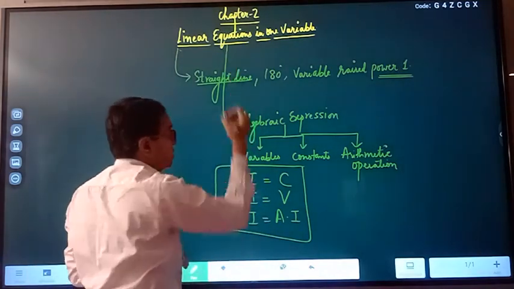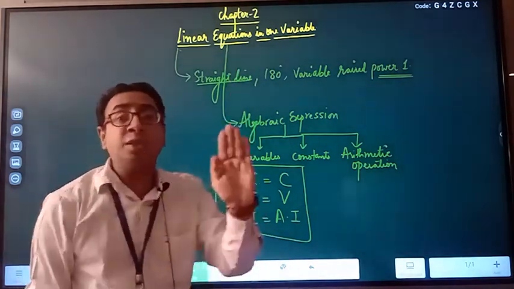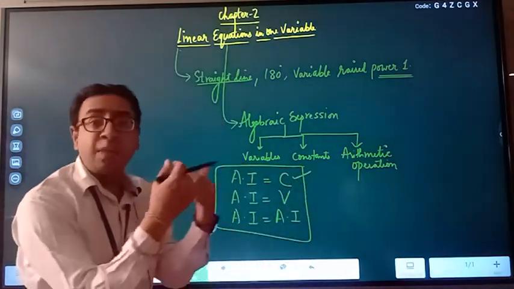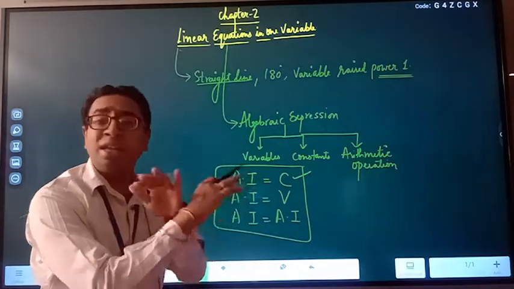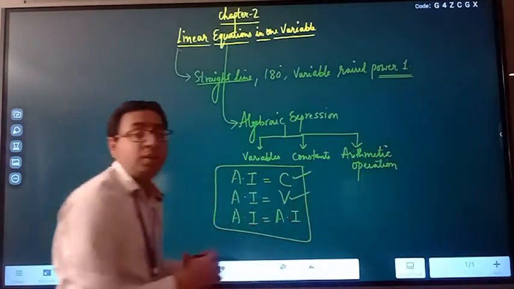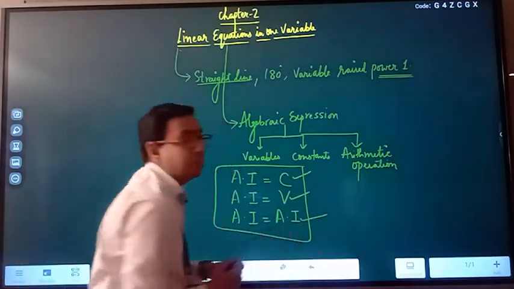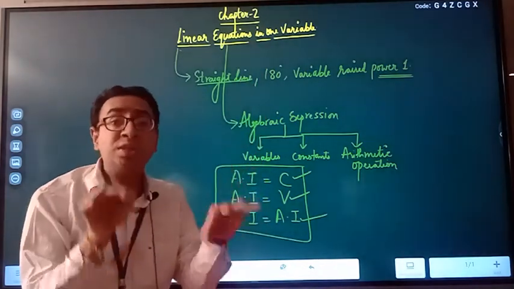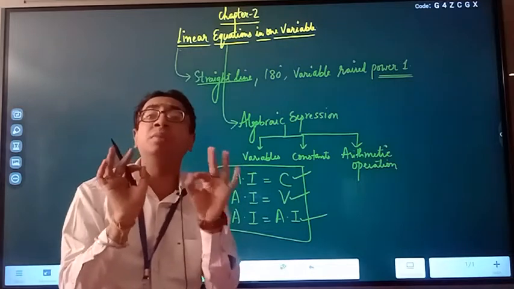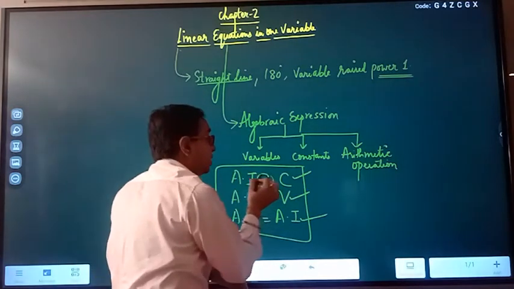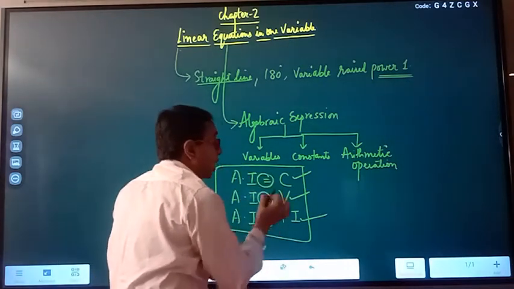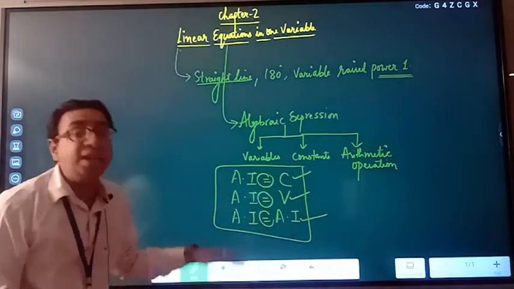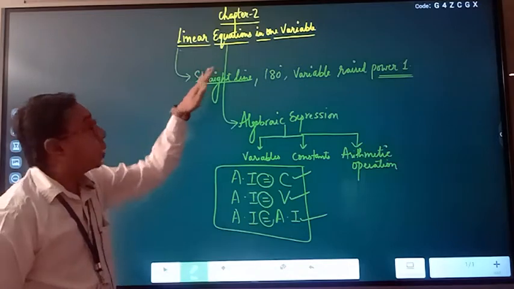Because equation means when an algebraic expression is put equal to either a constant, it can be 0, it can be 1, it can be -1, anything, a variable or another algebraic expression, then we get equations. So in equations, the equal to sign is a must, and one algebraic expression is put equal to a constant, variable or algebraic expression. These are the varieties that we see in equations.